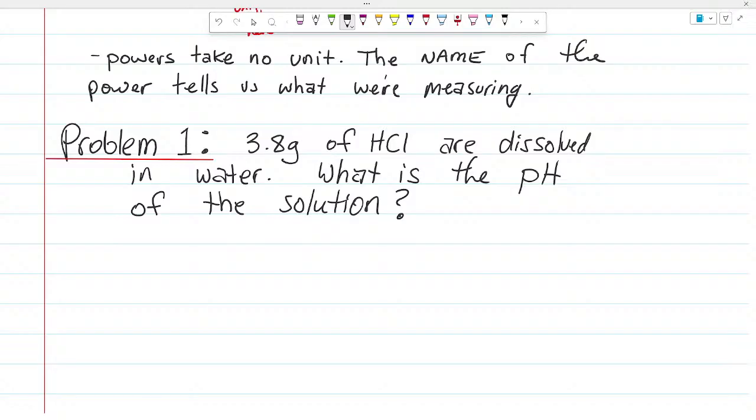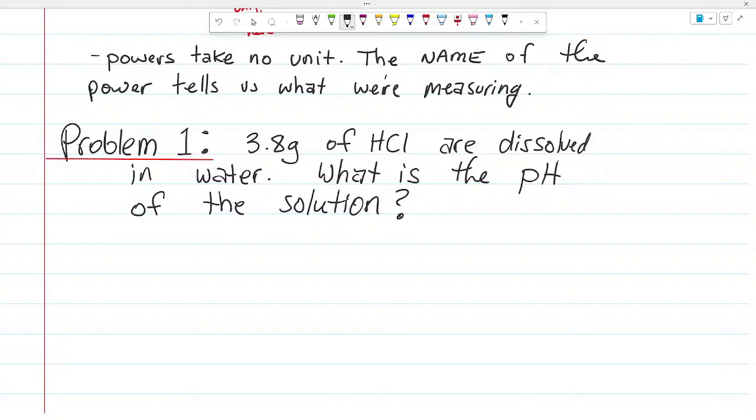All right, so we're going to look at problem 1. 3.8 grams of hydrochloric acid are dissolved in water. What's the pH of the solution? Oh, sorry.